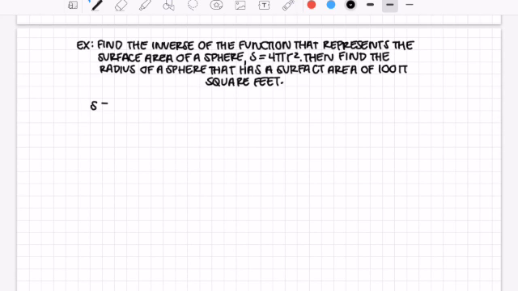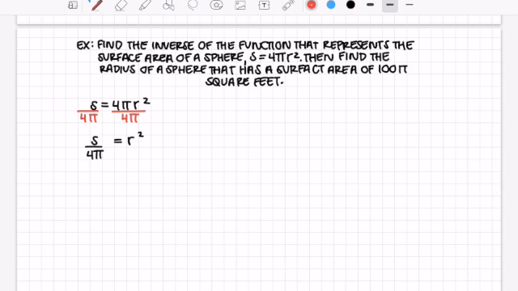So let's start off first by taking our formula, S equals 4 pi r to the power 2, and we're going to find its inverse. So from here, I am going to isolate my r value. So I'll divide both sides by 4 pi, and I get left with S over 4 pi equaling r to the power of 2.